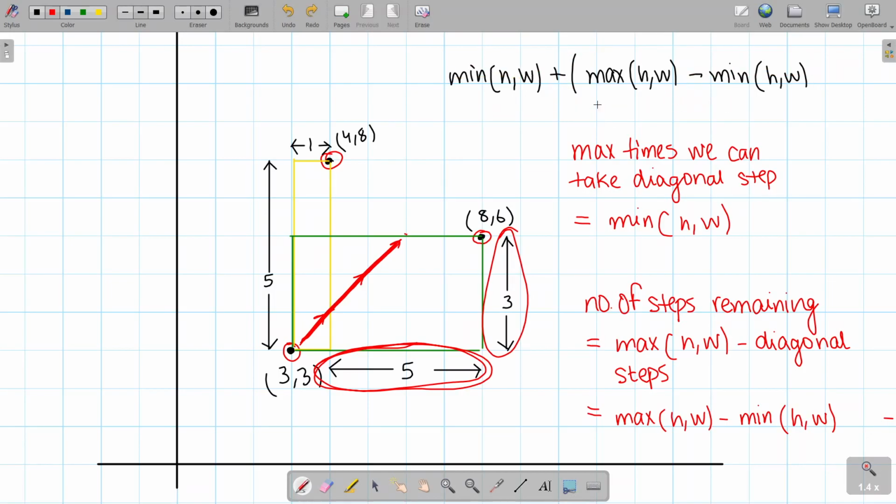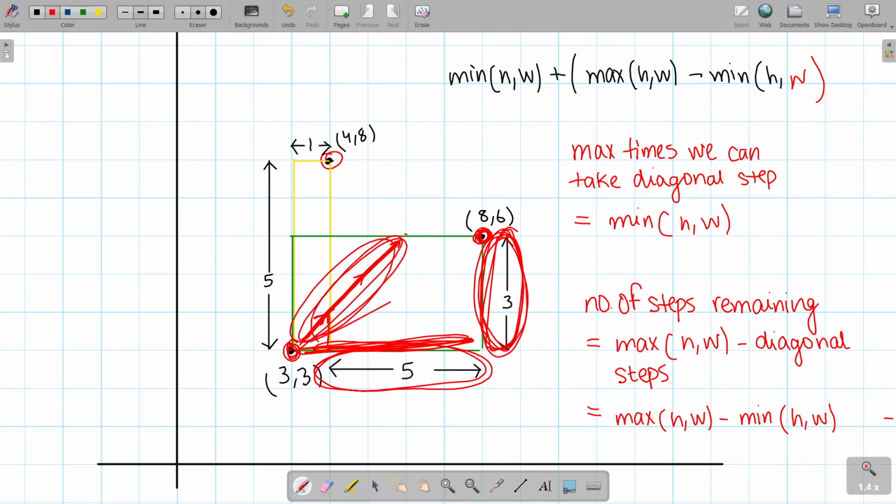We can see it simply through the diagram also, that if we want to reach a point 8,6 from 3,3, we would definitely need to cover the maximum of height and width in order to reach that, and the minimum would obviously be compensated via the diagonal step, because while moving diagonally we are also covering the minimum of height and width in our final answer, and obviously we need to cover the maximum of the two.